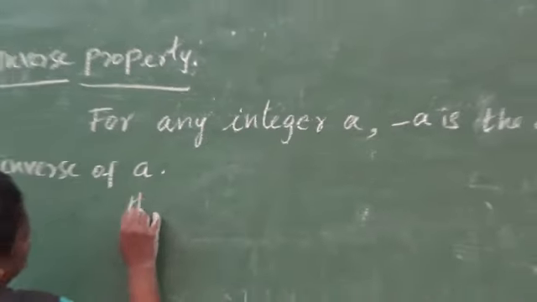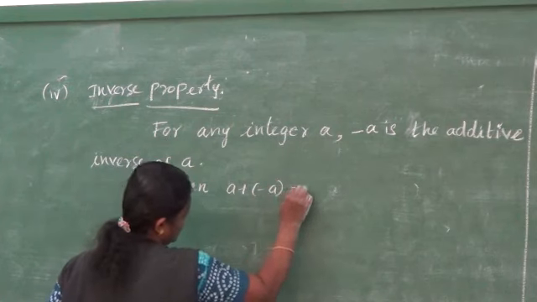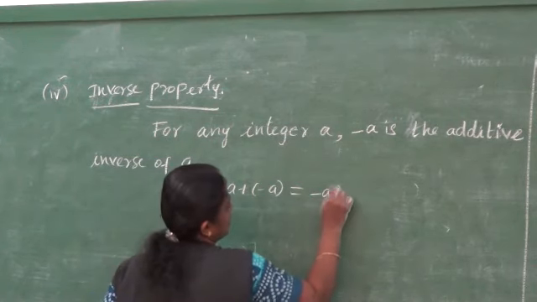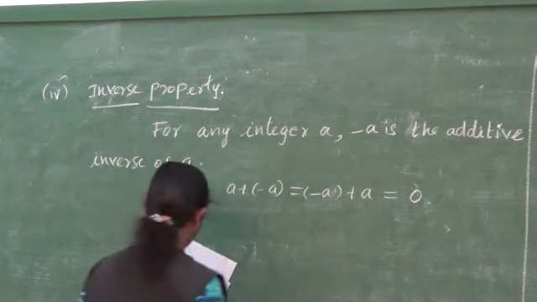Then a plus minus a is equal to minus a plus a, that is equal to 0.